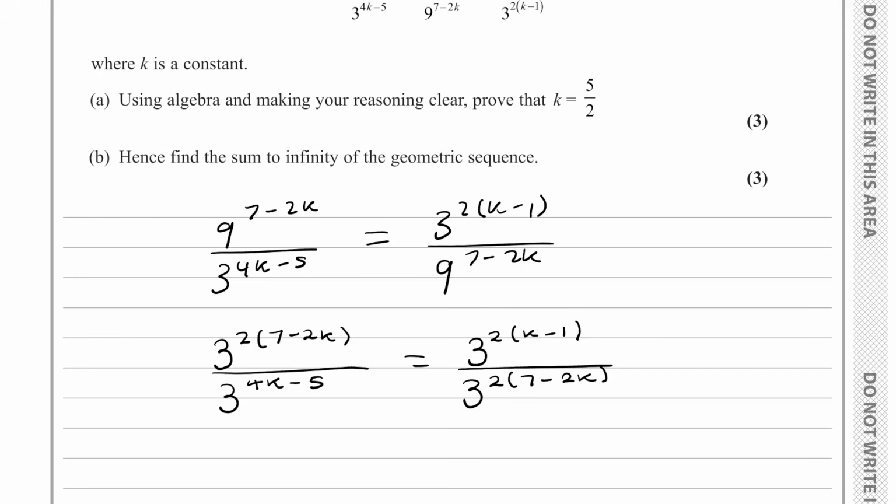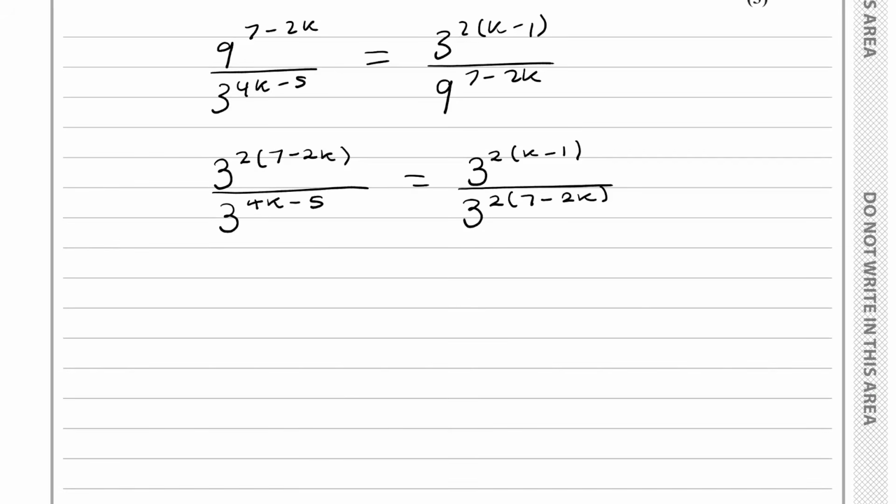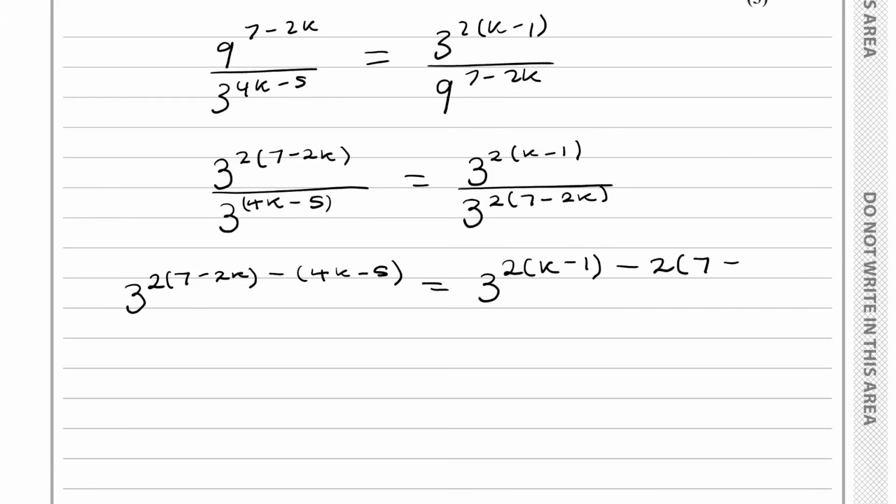When we divide indices, we take away the powers. So we can just rewrite these. So I'm going to take away the powers. I'm going to have 3 to the power of 2 times 7 minus 2k minus 4k minus 5 equals 3 to the power of 2 times k minus 1 minus 2 to the power of 7 minus 2k.